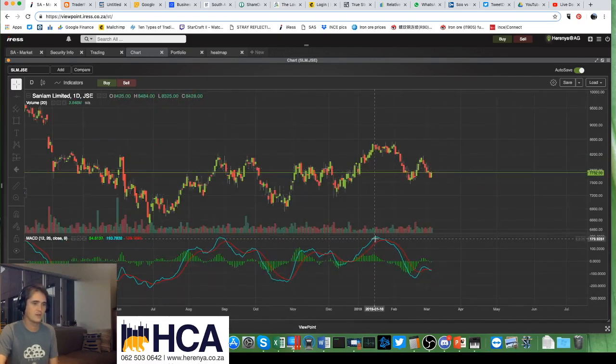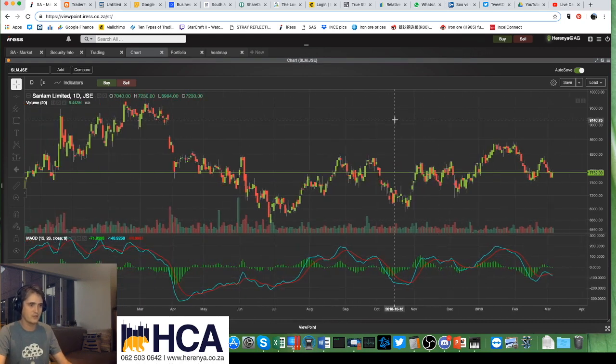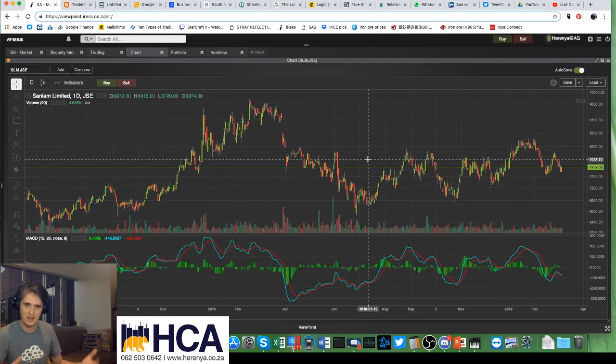All right, so what this blue line is then indicating to us is the 12-day EMA less a 26-day EMA. Our red line in this case is a 9-day exponential moving average of that, and our histogram is the difference between the signal line and the MACD line. Okay, so what we look for is divergence between this indicator and price.